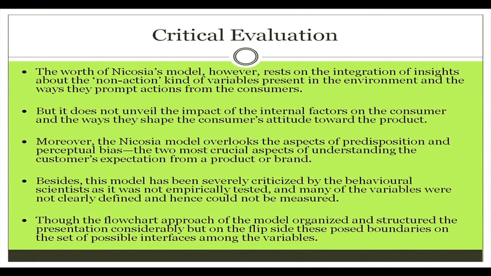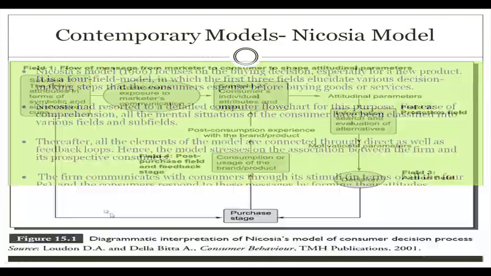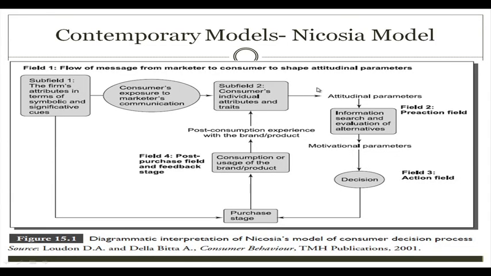Although the flow chart approach of the model is very organized and structured, the flip side is that it is always one way. It shows how information search impacts the evaluation of alternatives, and how the customer's attitudinal parameters impact the information search and evaluation of alternatives, and then based on the motivational parameter he takes a decision.